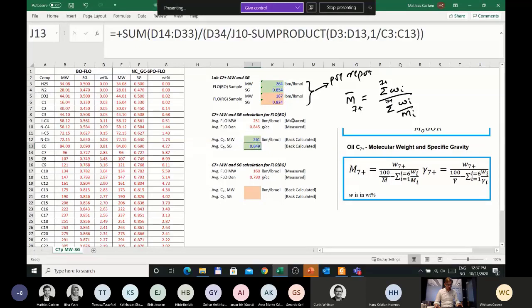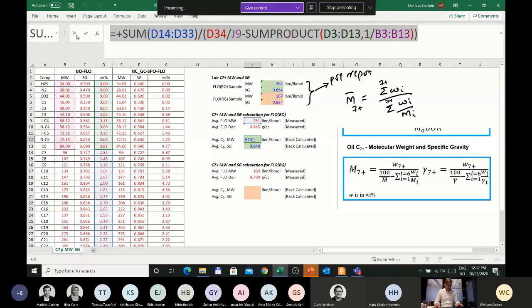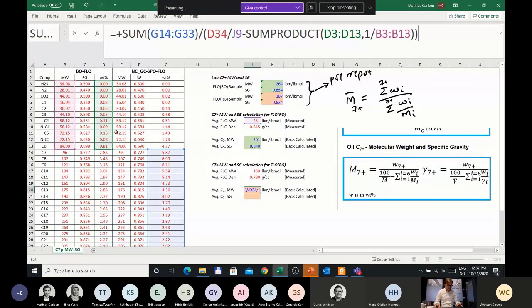And we also see the difference when it comes to the specific gravities right here. And in the lab reports, depending on what field you're working in, it can be smaller or most times larger differences than what we see right here. And one reason why you see small difference here is because we went through this Watson characterization factor value, and we saw that it's very close to what generally is expected for the Gatsby fluids, the fluid system they use for the measuring of these molecular weights, very paraffinic.